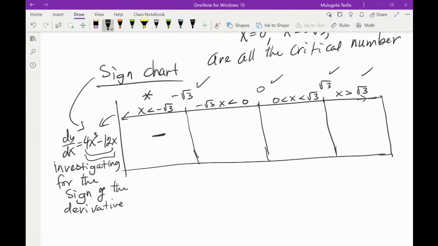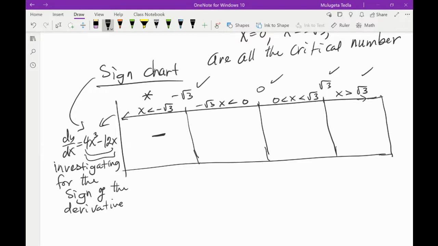So I am taking a sample from the left of negative root 3. I took negative 2. I plug it in: negative 2 cubed is negative 8, times 4 is negative 32, plus 24 is negative 8. So I don't need the value, I just need the sign.